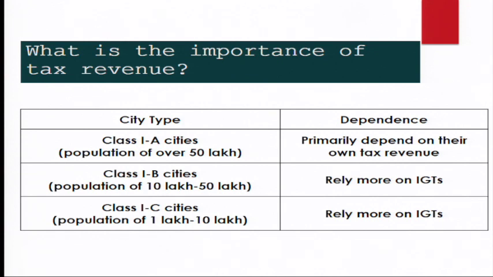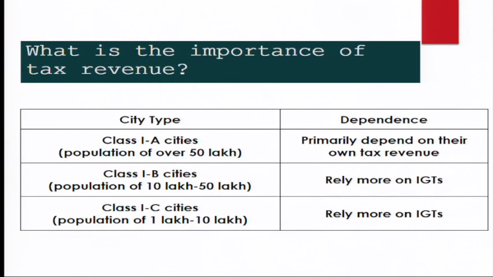Now, what does this classification mean? How is this classification related to tax revenue? That is very important for students who are studying this course to understand. Why? Because primarily class 1A cities are better placed because of their population. They depend on tax revenue, and their tax revenue is definitely more compared to class 1B and class 1C cities.